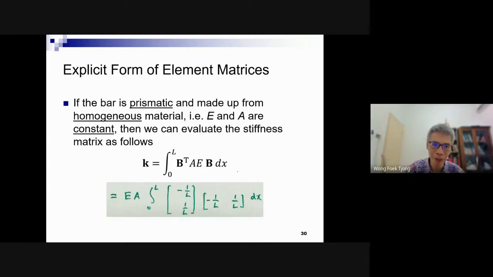If the bar is prismatic, as usual, the bar element, I mean. Please don't forget that we have a bar. The bar can be prismatic or non-prismatic, no problem, because when we divide it into elements, let's say 4 elements, we can assume each as prismatic, even though it is non-prismatic.